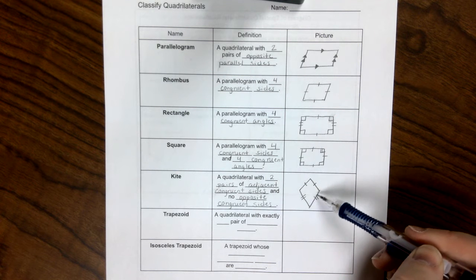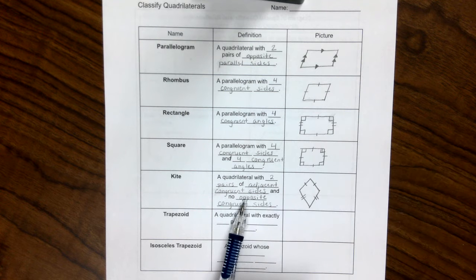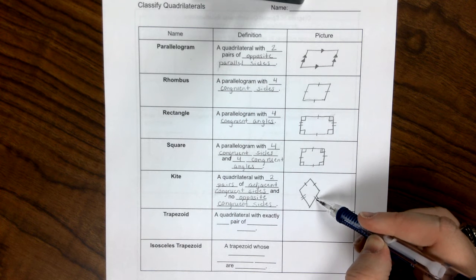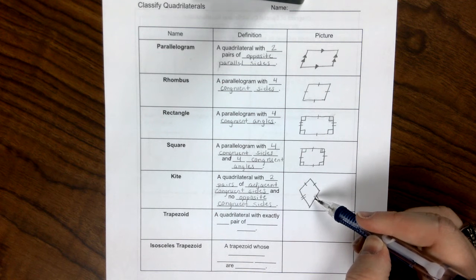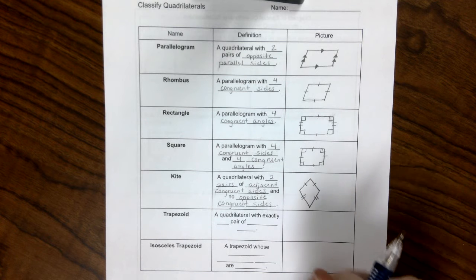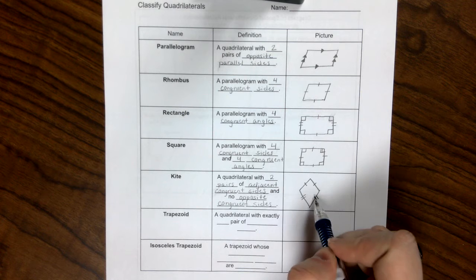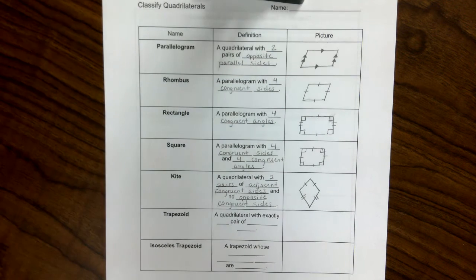These two sides are adjacent and they're congruent. But then notice that there are no opposite congruent sides. If I go from this side across to the other side, they're not the same. That's what that definition is talking about. So this is the adjacent part and this is the opposite part.